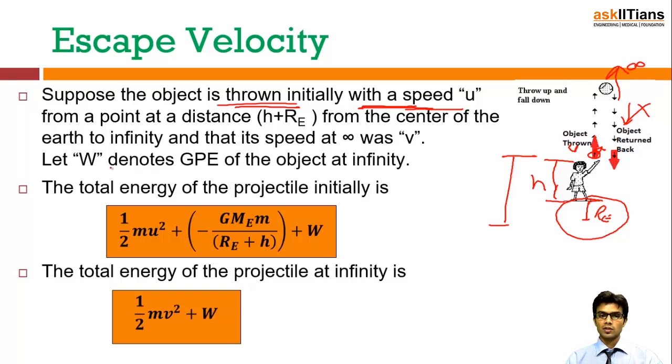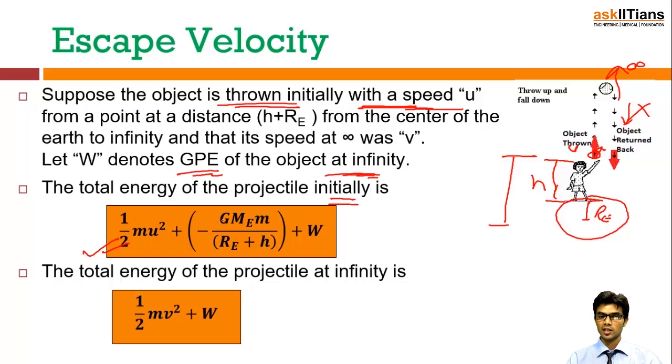Let W denote the gravitational potential energy of the object at infinity. The total energy of the projectile initially will be the kinetic energy, half m u square, since u is the initial velocity of the object, plus the potential energy, which is minus G M_E m by r.